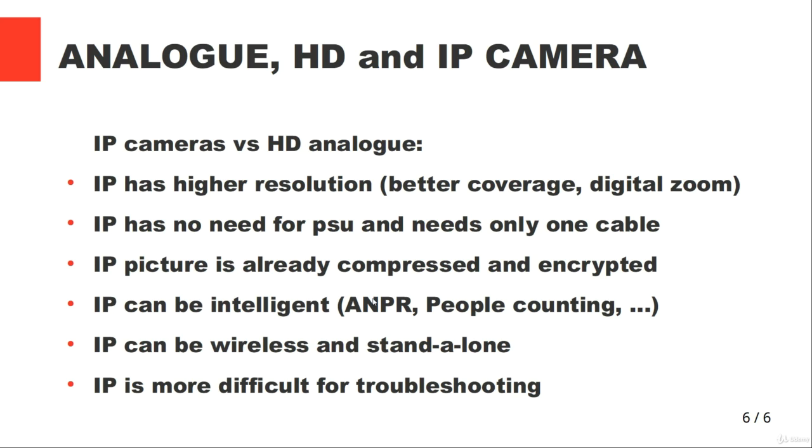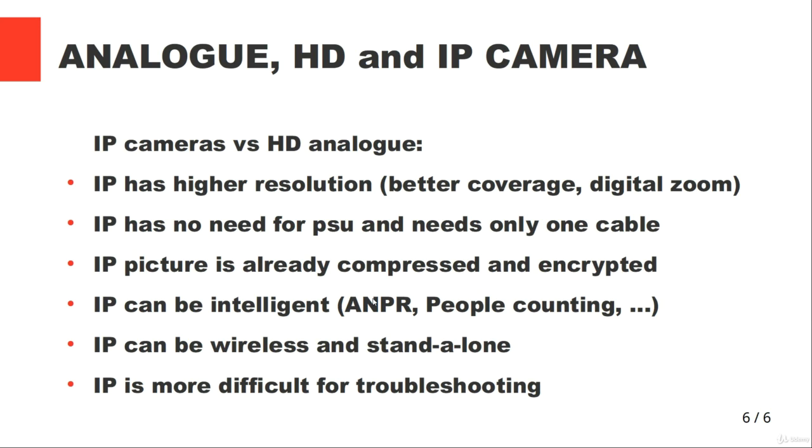IP has no need for a PSU because you can use PoE. The IP picture is already compressed and encrypted, so nobody, without knowing the password and protocol of the camera, can actually hack into it. Whereas on HD you can cut the cable, put a BNC splitter, and you have a picture.